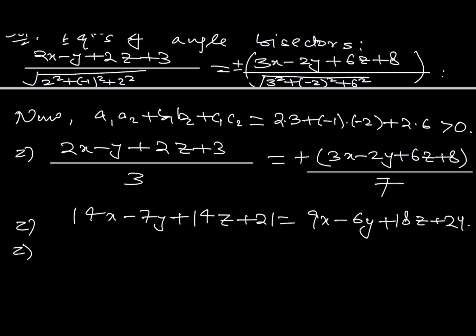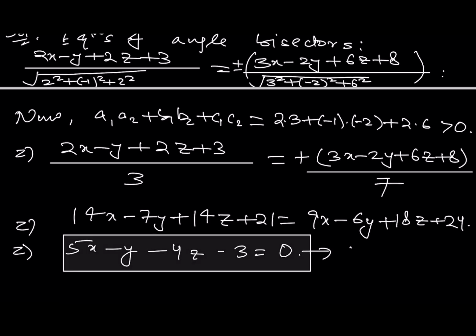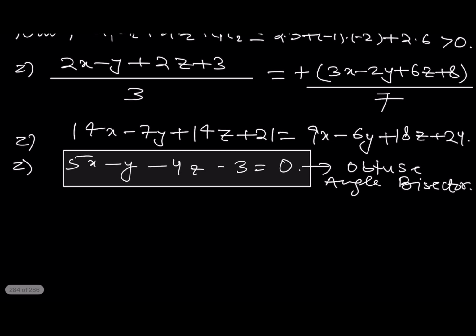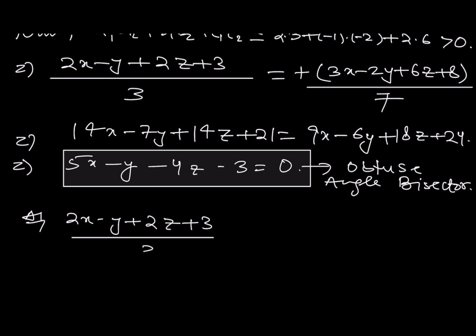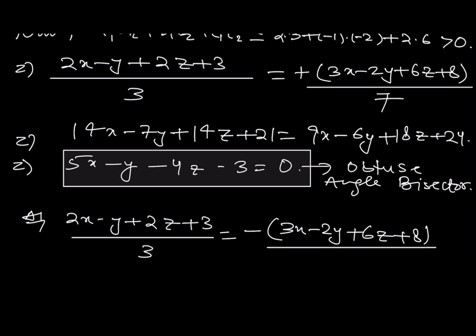If I take all the terms on the LHS, then it would be 5x minus y minus 4z minus 3 is equal to 0, which is the obtuse angle bisector. The other one is for the acute angle bisector, right? And also (2x minus y plus 2z plus 3) upon 3 is equal to minus times (3x minus 2y plus 6z plus 8) upon 7.